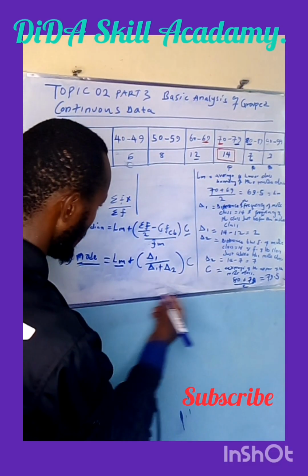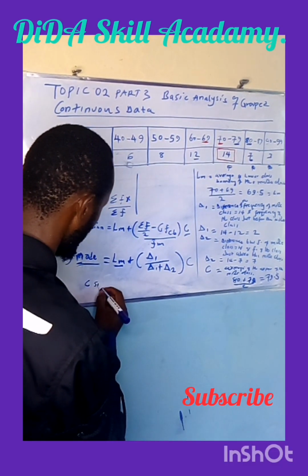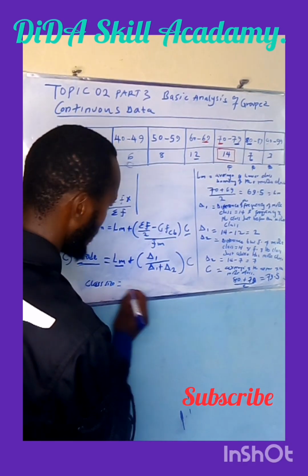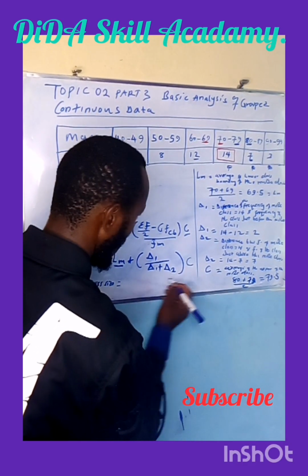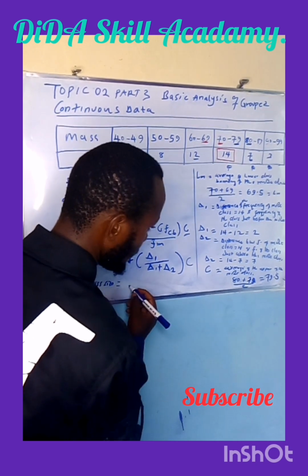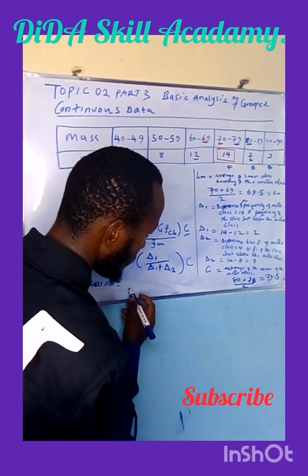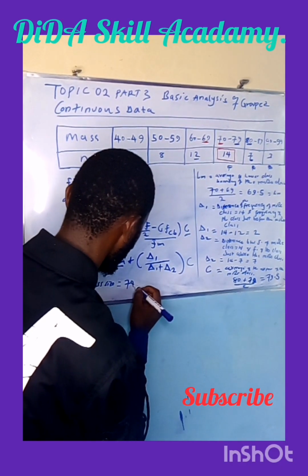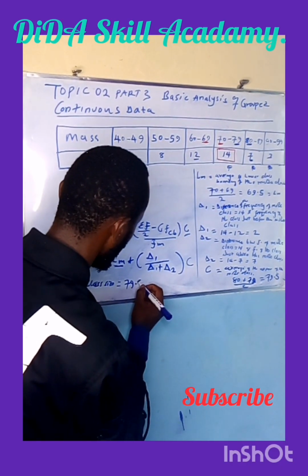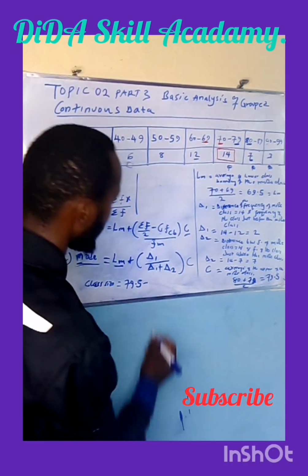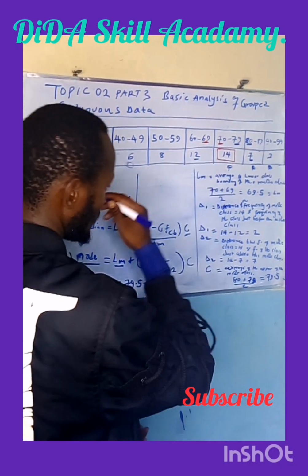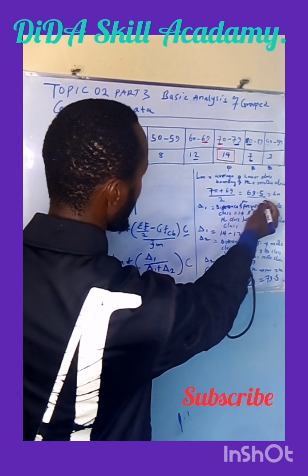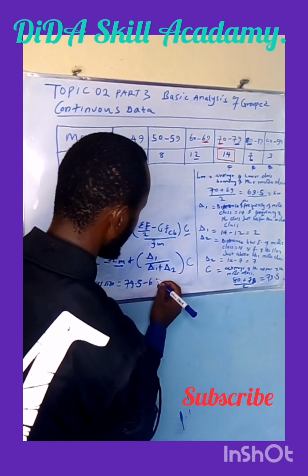So for you to calculate the class size, you will take the difference between the average of the upper class limit of the mode class with 79, the average 79.5, minus the lower class boundary of the mode class, which is 69.5.